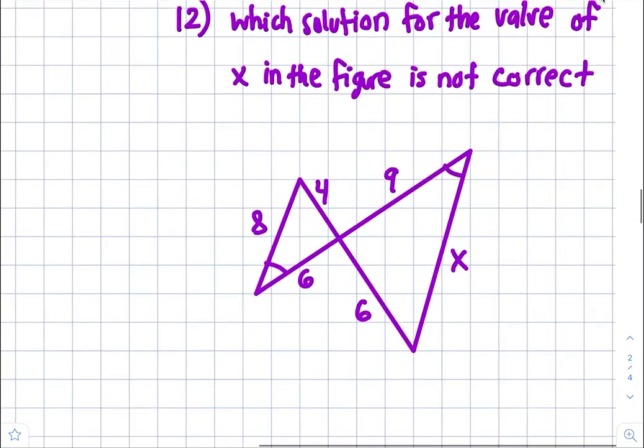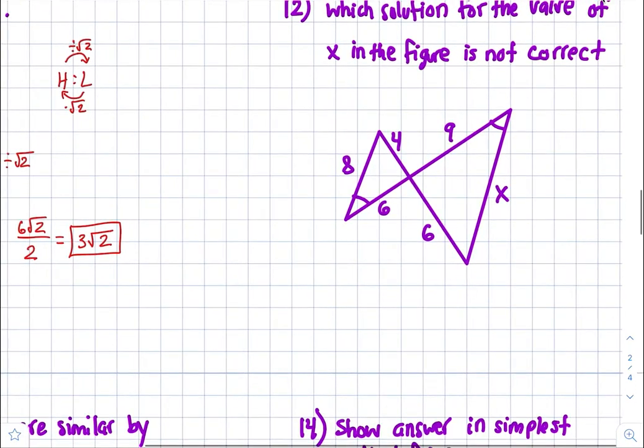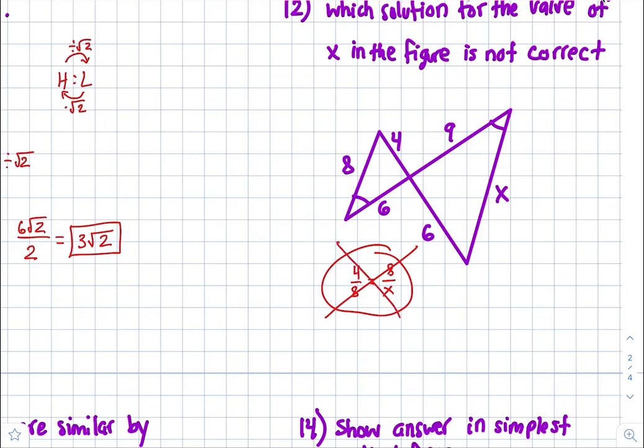Number 12. Which solution for the value of x in the figure is not correct? So in the description, they give you some proportions, and they ask which one is incorrect. So it's the very first one, which is this one. This is not a correct proportion.